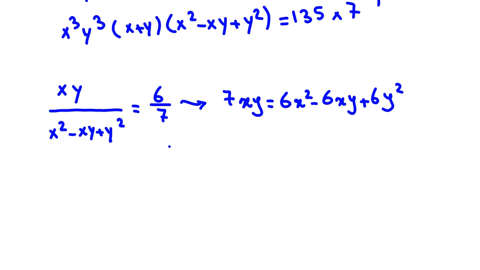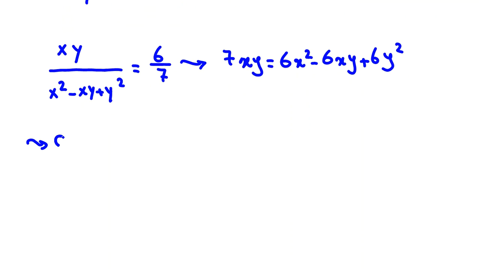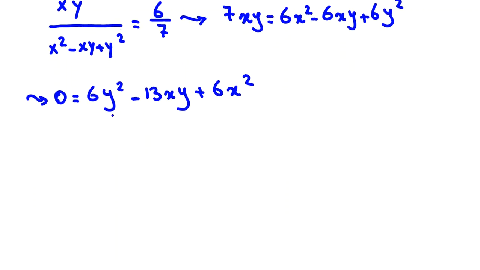So let's simplify this. We will have what? Let me write at first 6y squared. And then 7xy, if we take it to the right hand side, negative 7xy, minus 6xy, minus 13xy, plus 6x squared. So I will see this as a quadratic formula in terms of y.